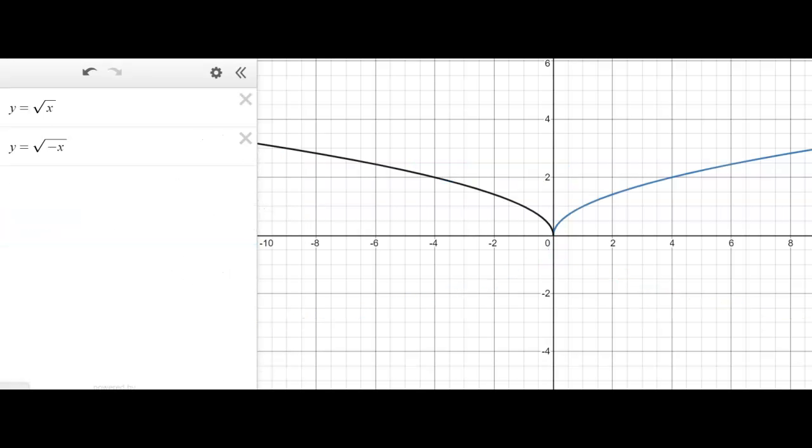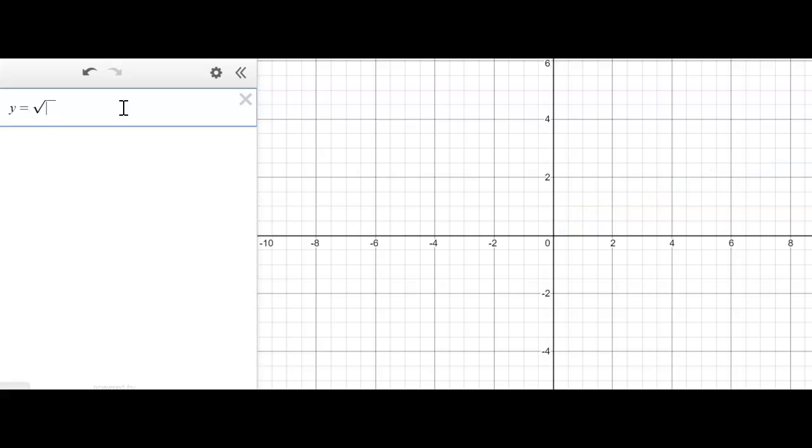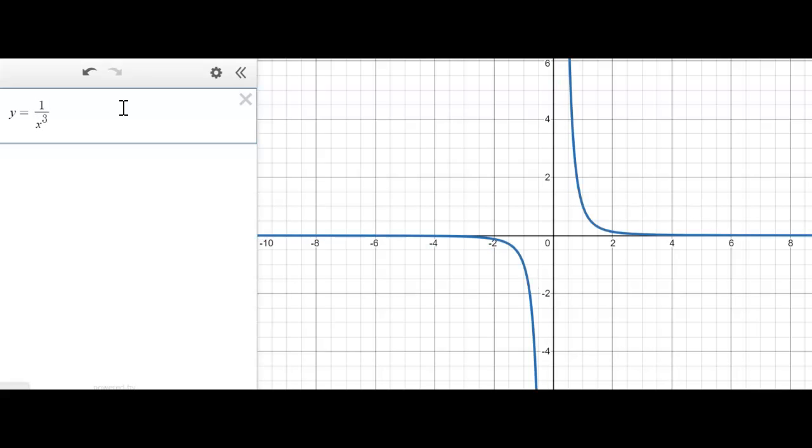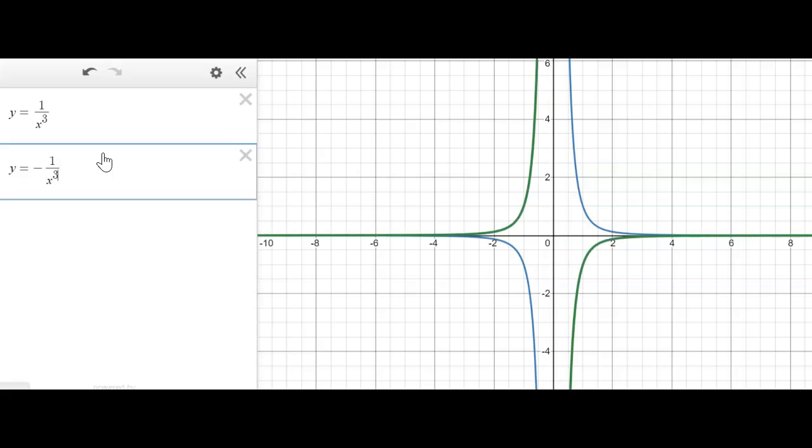We'll get rid of these old ones. All right, so we had 1 over x to the power of 3. Let's add another one in. So y equals negative 1 over x to the power of 3.